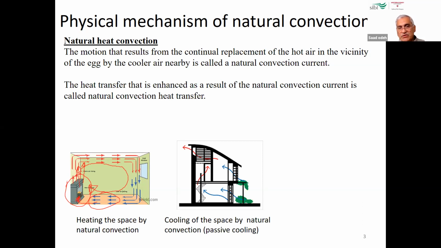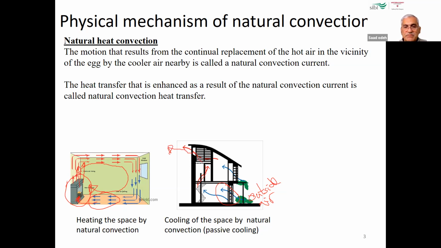For example, in this design of house, we allow the outside air to enter the space from these vents or windows. The outside air has a lower temperature than the inside air, so the hot air will rise up and leave the house from the top part.